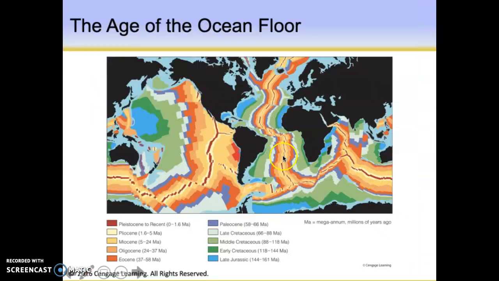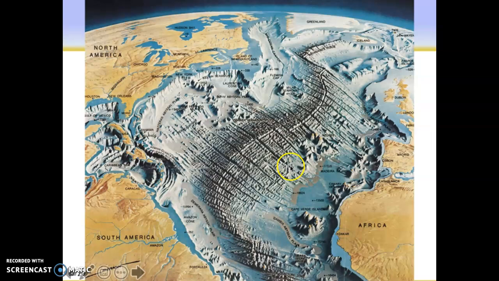You'll also notice that as you move away from the crest of the mid-ocean ridge, the rocks of the ocean floor get older and older. Not only that, but if you look at this picture, as you get farther away from the mid-ocean ridge, things smooth out.